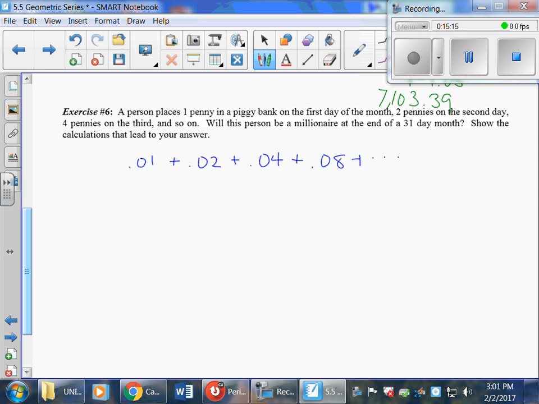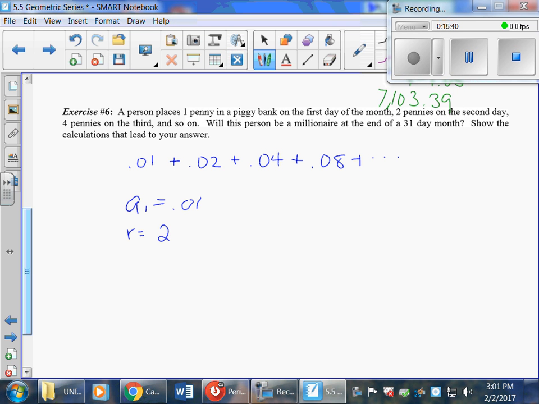All right? So let's make sure we understand the question. Will this person be a millionaire at the end of a 31-day month? And show the calculations that lead to your answer. So I know that a sub 1 is equal to 0.01, it's a penny, right? R is equal to 2 because we're doubling it every day.